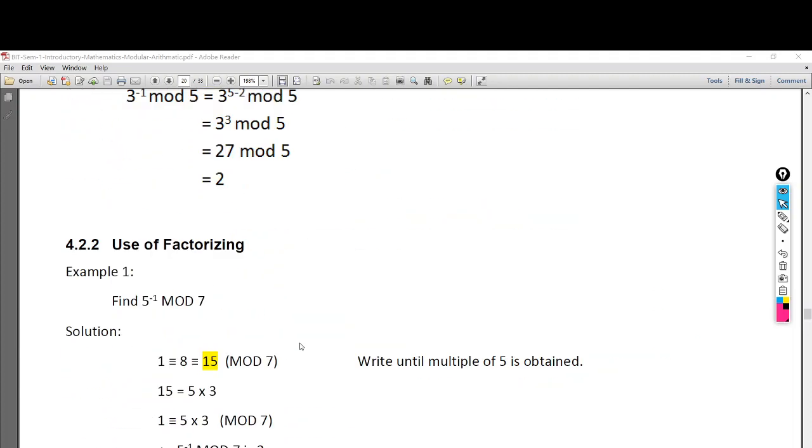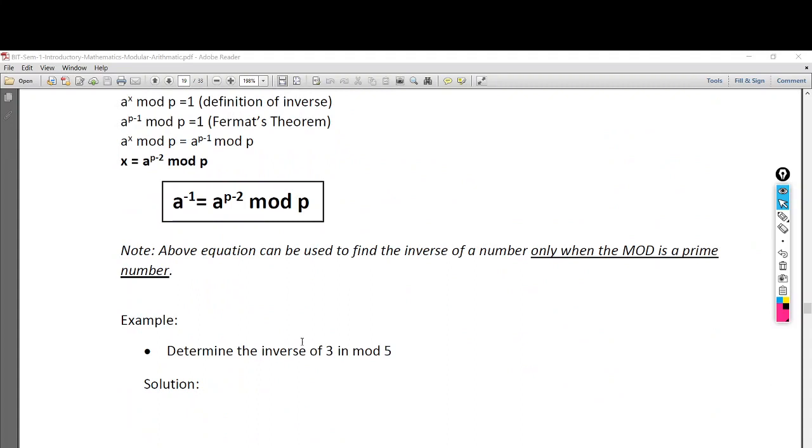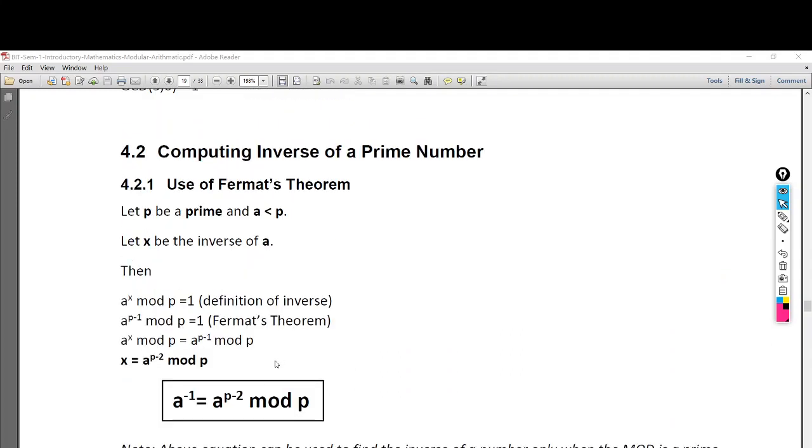But if Fermat's little theorem is applicable, that is always the easiest way. It only works when the number is prime. In the exam, just double check whether the given number is prime, then don't waste your time using the Euclidean approach. You can just use Fermat's little theorem.